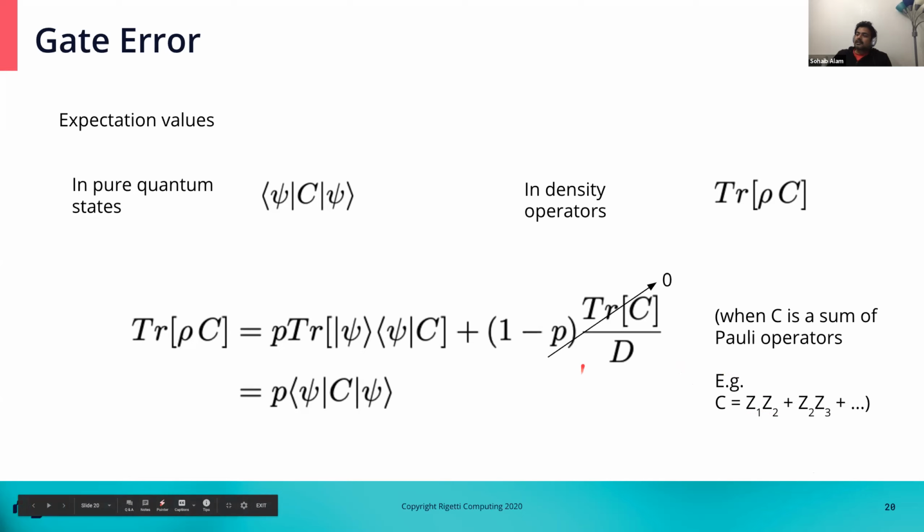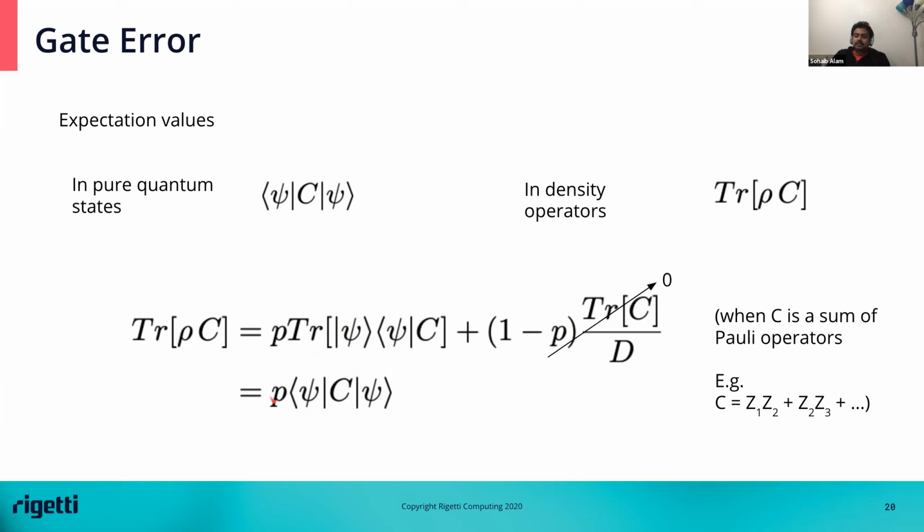So that's a very nice property, because this whole term just drops out, and all I'm left with is P times the trace of this original pure density matrix times the observable whose expectation value I'm interested in. And you can quickly compute that this turns out to be just your original expectation value, the thing that you're actually interested in.